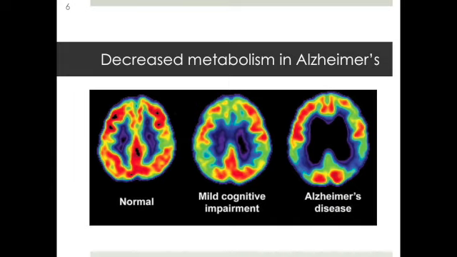There's decreased metabolism of oxygen and glucose in Alzheimer's disease. And so when you're doing PET scans, it becomes quite clear that there's overall lower levels of metabolism in people with Alzheimer's disease. So at least before functional MRI came along, PET scans was the best way to visualize brain activity in a functional way.